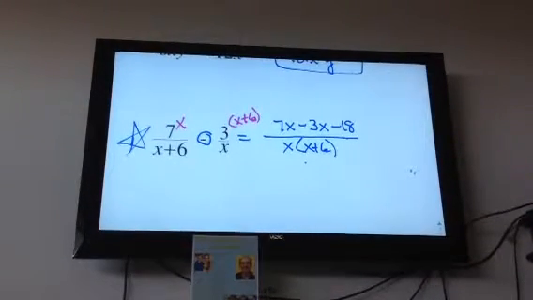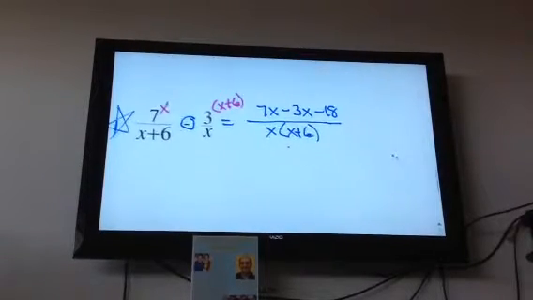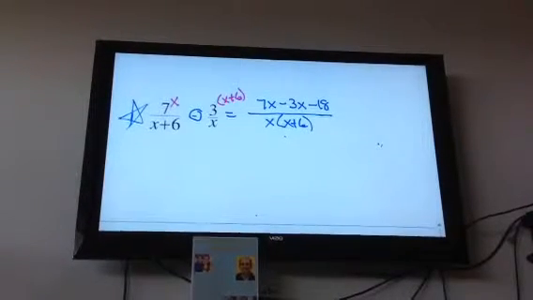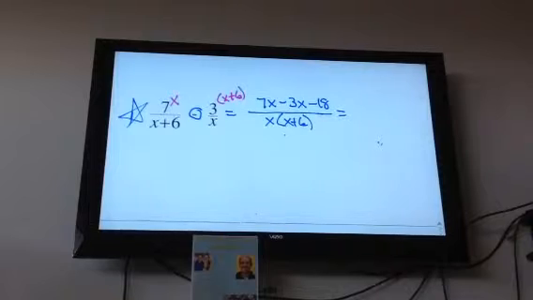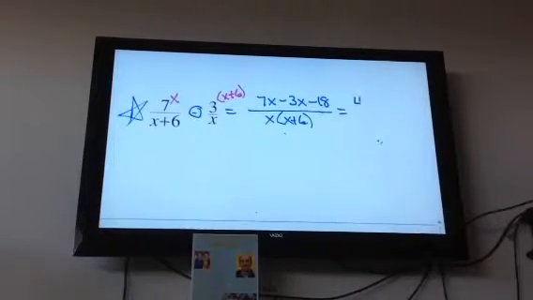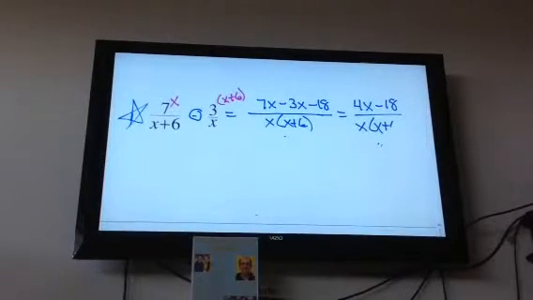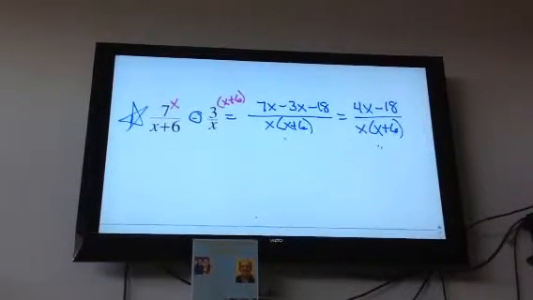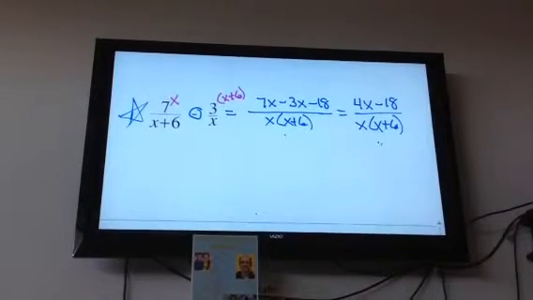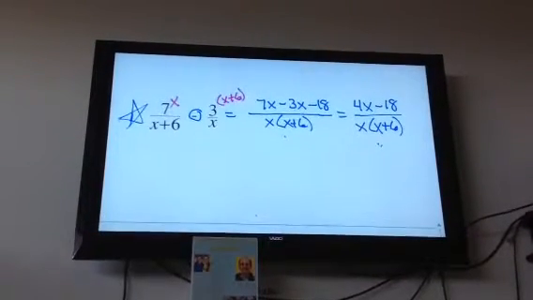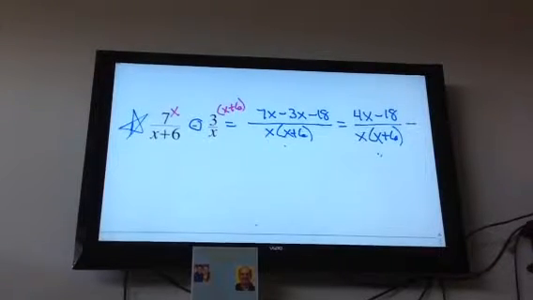Now I follow my 3 steps. Can I add or subtract anything? Yes. I can combine my x's to 4x minus 18 over x times x plus 6. Three things. Think, can I factor anything? Yes. In my numerator, I have a common factor of a 2.